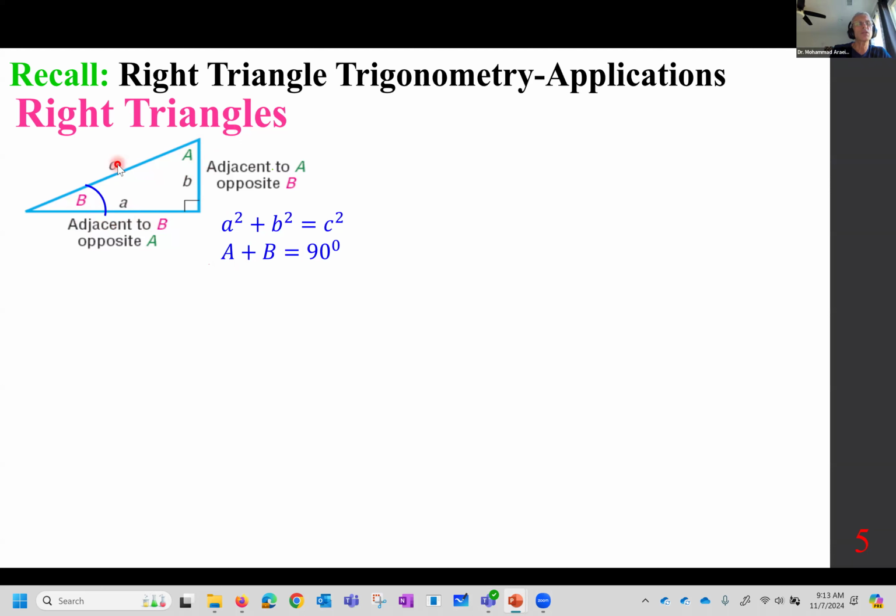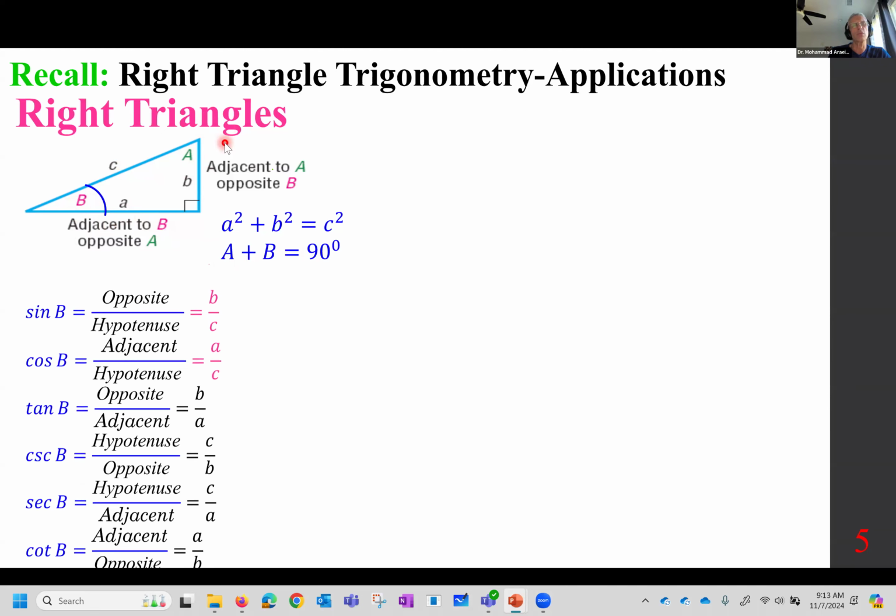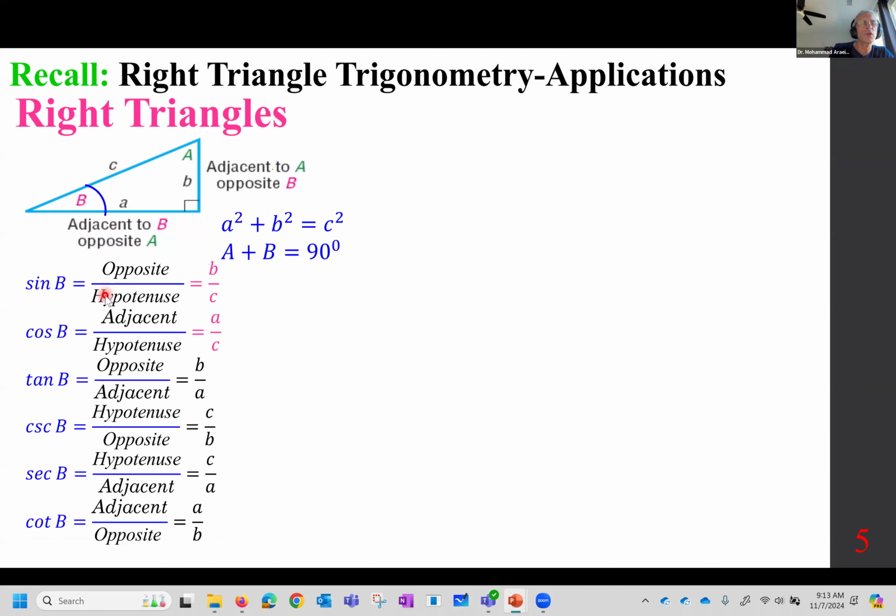With that being the case, adjacent to B is this side. So sine is opposite over hypotenuse. So sine of B would be b over c. Cosine would be a over c. Tangent would be b, the opposite over the adjacent, b over a, or just the ratio of these two. The rest of them are reciprocals.